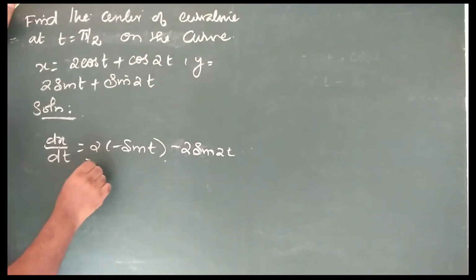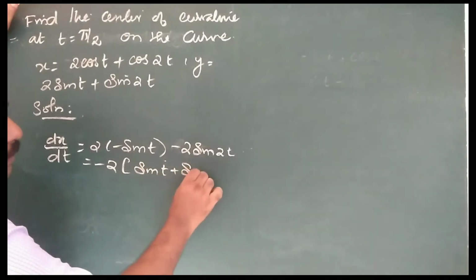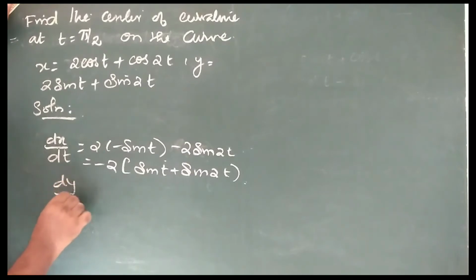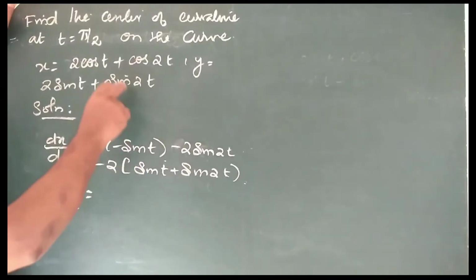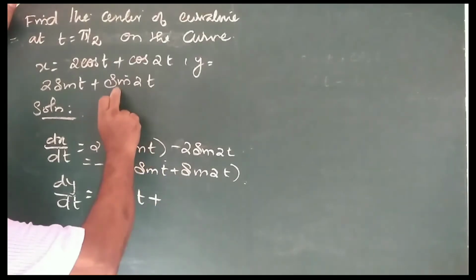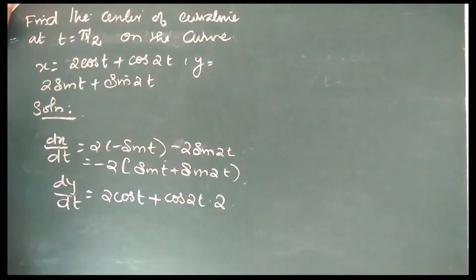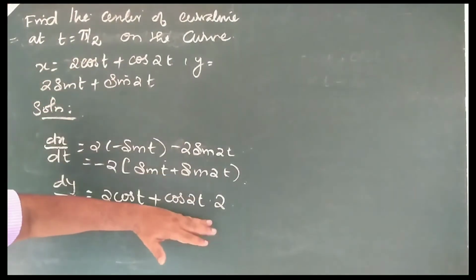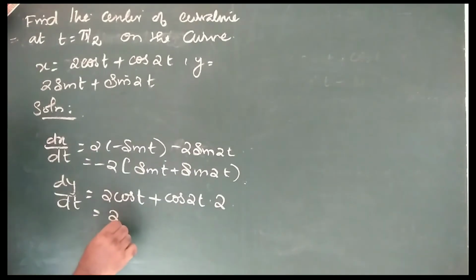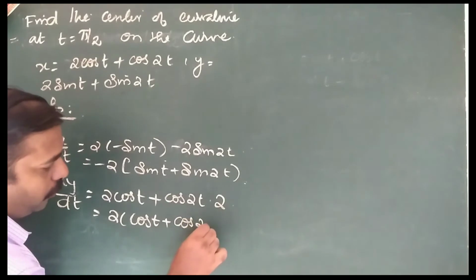So that is equal to minus 2 into (sin t plus sin 2t). What is dy by dt? Here it is 2 into (cos t plus cos 2t), because the differentiation of sin 2t is cos 2t into 2. So that is equal to 2 into (cos t plus cos 2t).